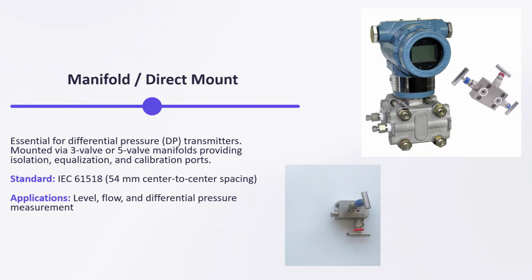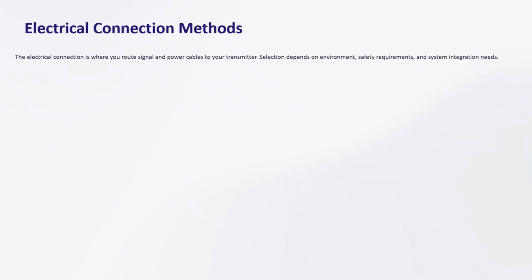Now comes the second parameter, that is electrical connection. It's the point where you connect your signal cable or power cable to the transmitter. There are mainly 5 types of electrical connections used in process automation.